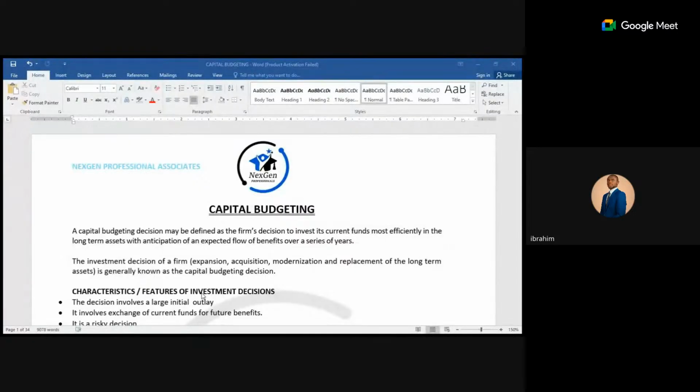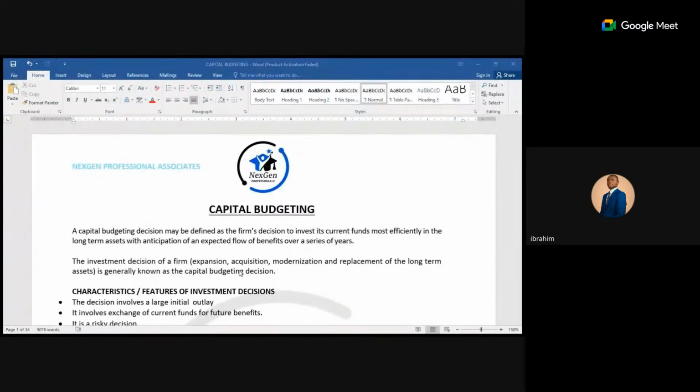The sources of finance take us to the cost of capital. Now we are back in investment appraisal, meaning that you've identified a project, then we need to calculate the sources of finance, looking at the cost of equity and the cost of debt. Now, where is the project? So we need to come back and calculate if the project will be viable or not.